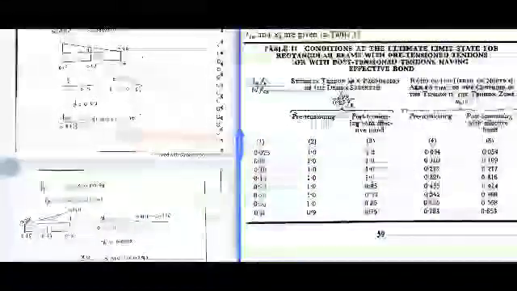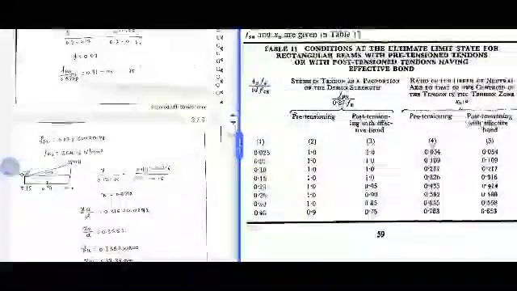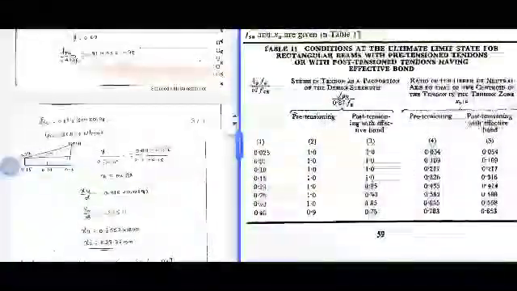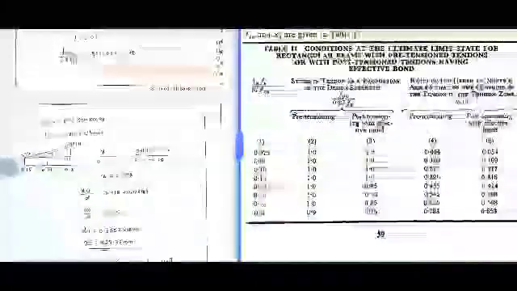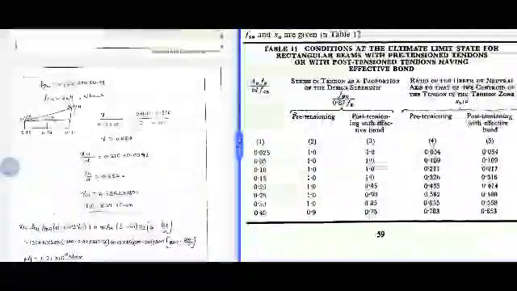In the same way, XU by D ratio for post tension case, for 0.15 we have 0.316, and for 0.2 we have 0.414. So on interpolating for 0.17, we will get XU by D ratio as 0.3552. On simplifying, we will get XU as 639.36 mm.